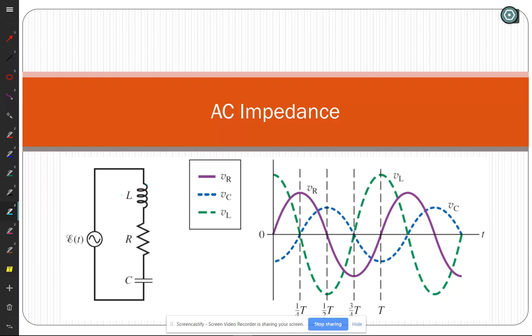And so those are the places where we are going to have the biggest induced EMF. So those are where we're going to have maximum and minimum voltage across the inductor. And so if you look at the green dashed line, that's the voltage across the inductor. And you see the inductive voltage is the biggest at the time when you had the positive slope. Because of the way we identify directions.